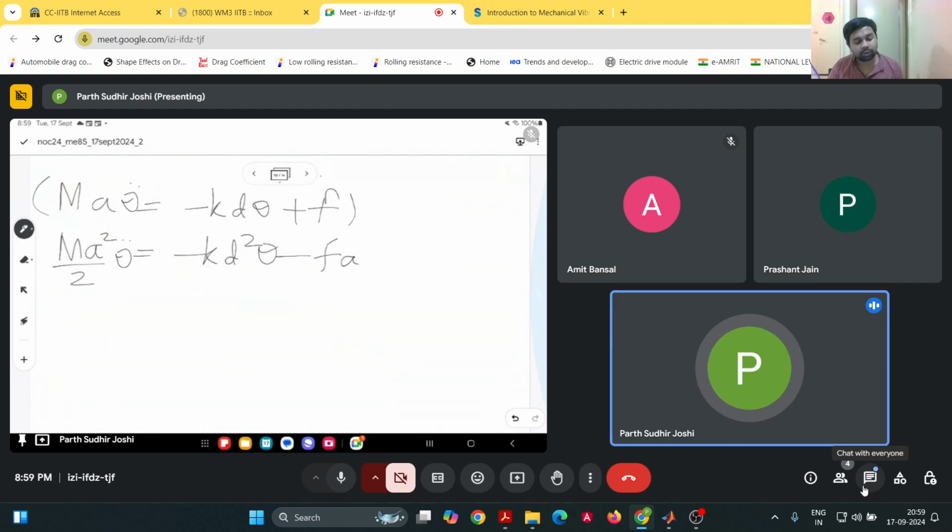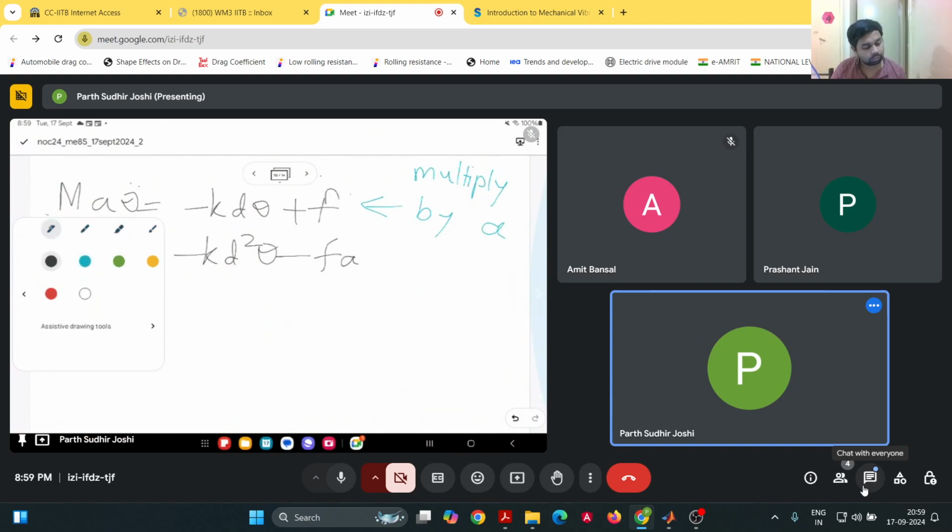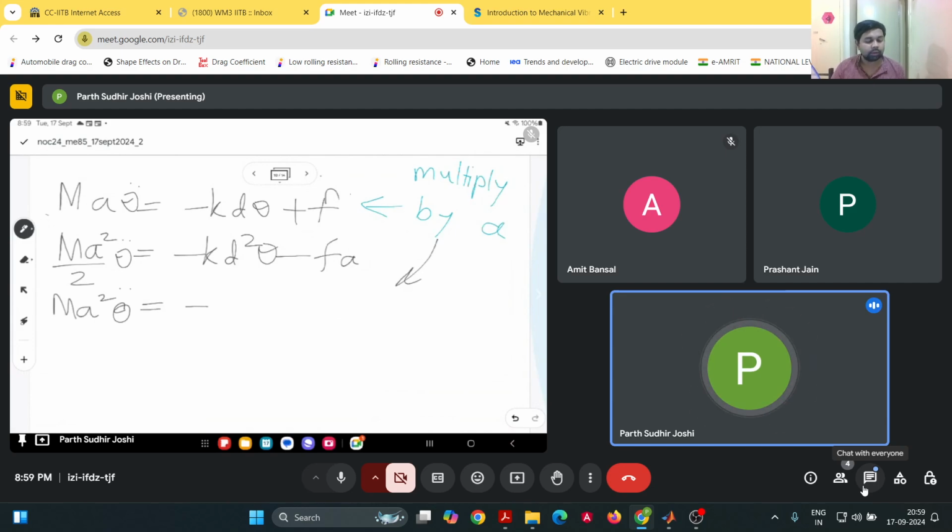Now if we multiply this whole equation by a, we will get m a square theta double dot is equal to minus k a d theta plus f a.